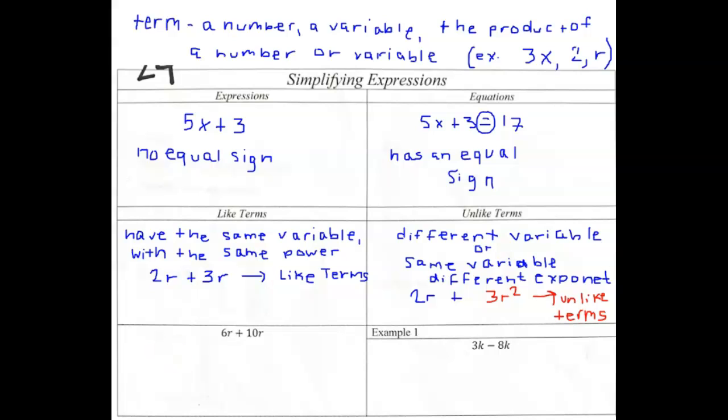Now, let me tell you one other thing that is like terms. We call these constants. Whenever someone says constant term, that just means a number, okay? Constants are numbers, okay?